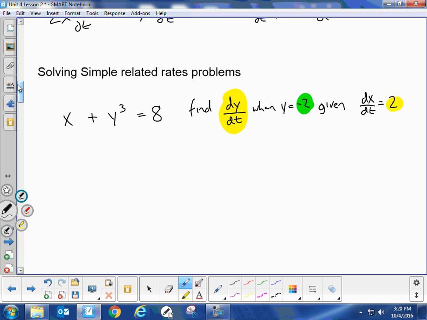Now you know you need to find dy dt. It means you need an equation with dy dt somewhere. The only way you can get an equation with dy dt in it is if you take the derivative of this with respect to t.